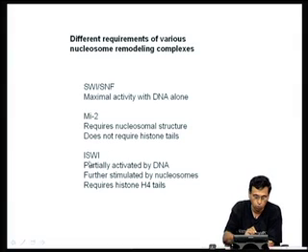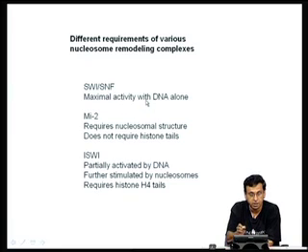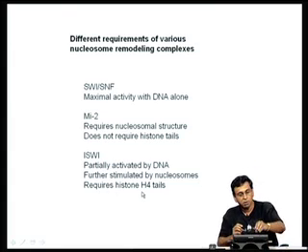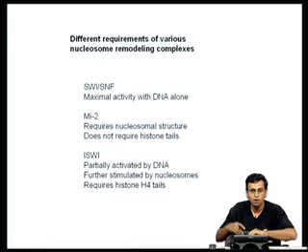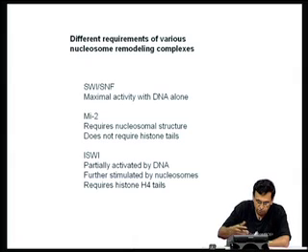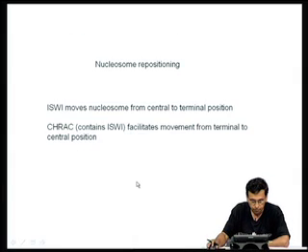Whereas ISW1 is partially activated by DNA, and the ATPase activity is further stimulated by nucleosomes, and it requires histone tails. In the case of SWI-SNF, the DNA itself can activate the ATPase activity. So different chromatin remodeling complexes have different requirements for their remodeling activity. I have just given 3 examples here.